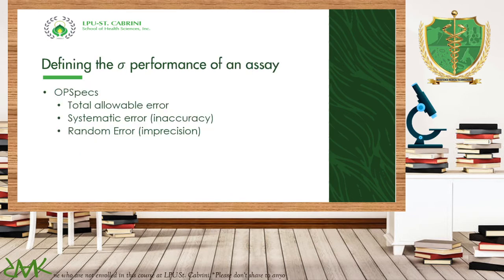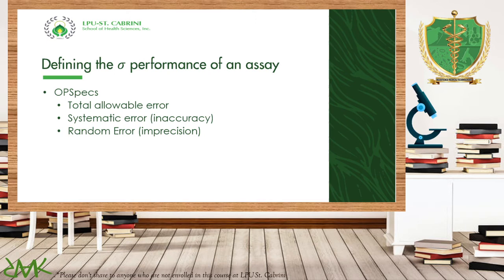Okay, defining the sigma performance of an assay requires what we call the OPSpecs. What is OPSpecs? Okay, this is a chart or a table, no, that shows us the total allowable error. This also includes the systematic error as well as the random error.